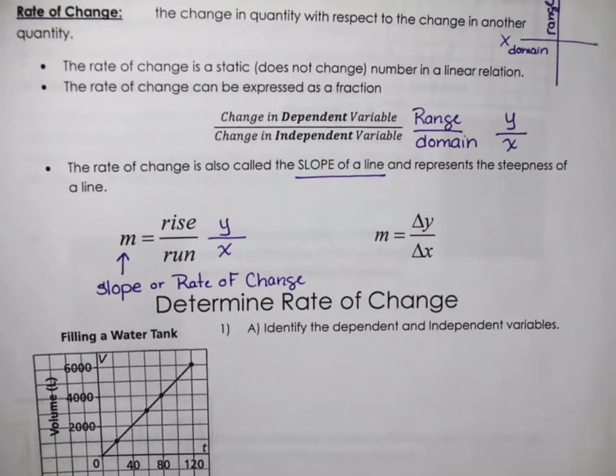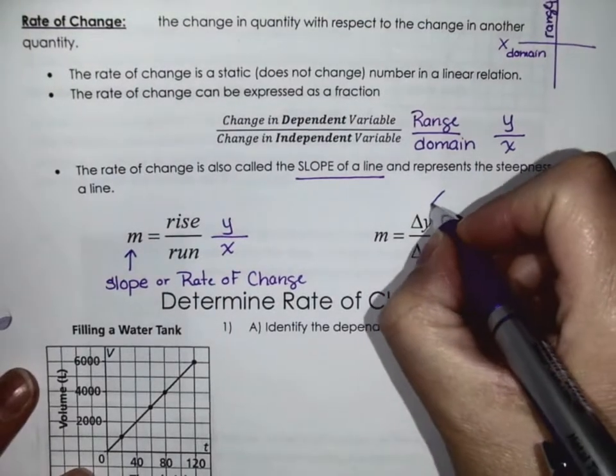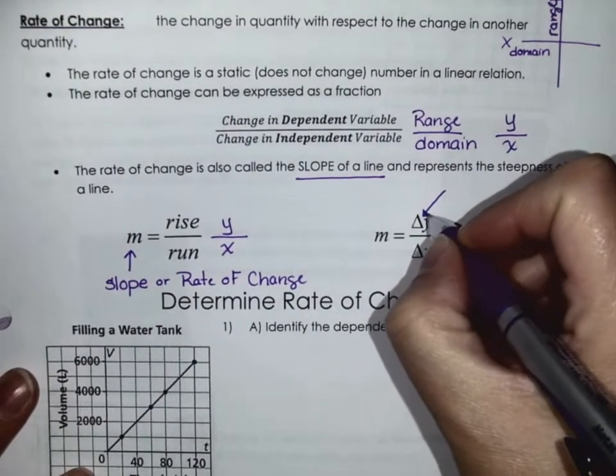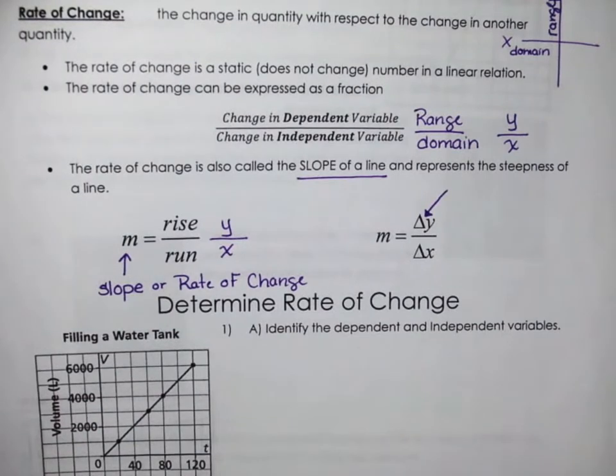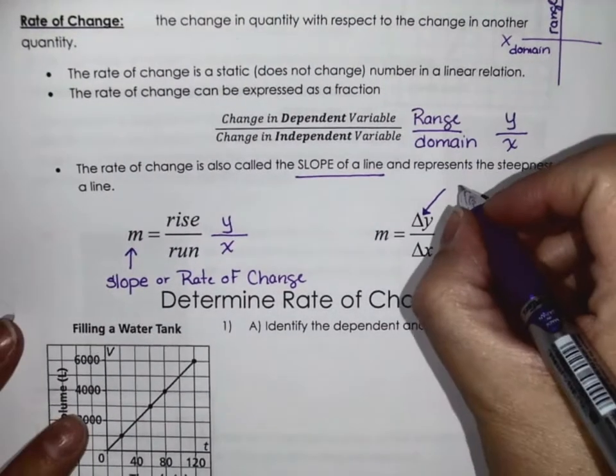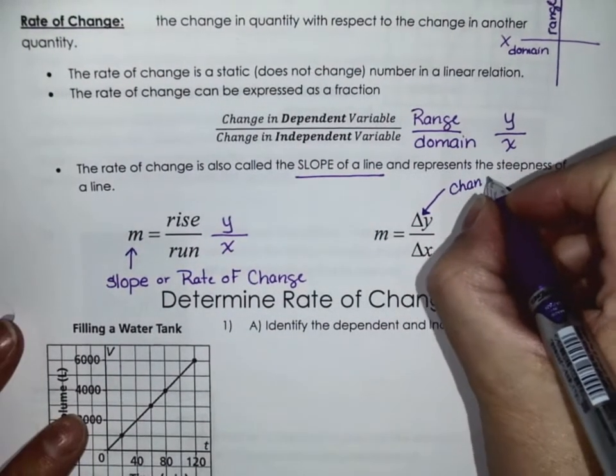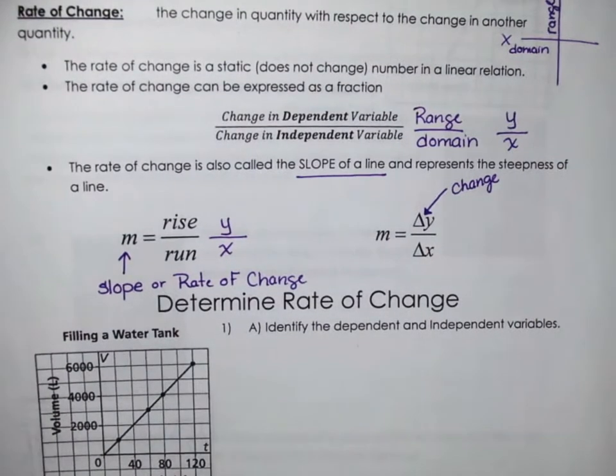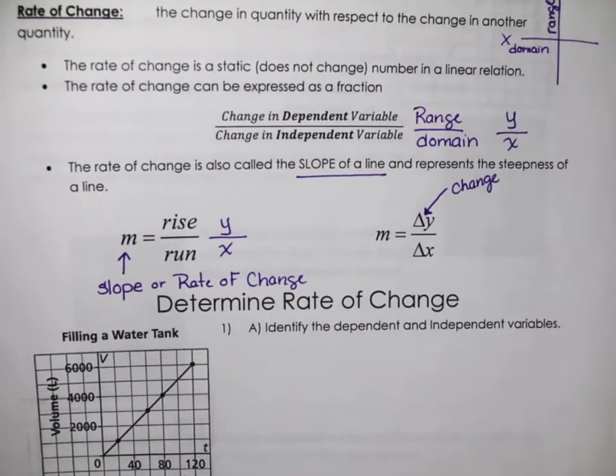Okay? Now we're going to use some fancy Greek letters here. This is the Greek letter delta. And in math, delta means change. So when we talk about delta, the triangle, we've all heard of delta at this point.